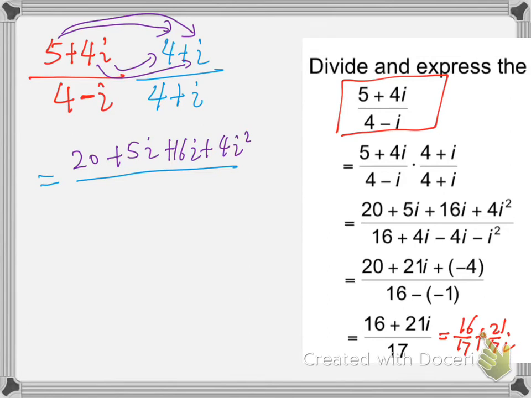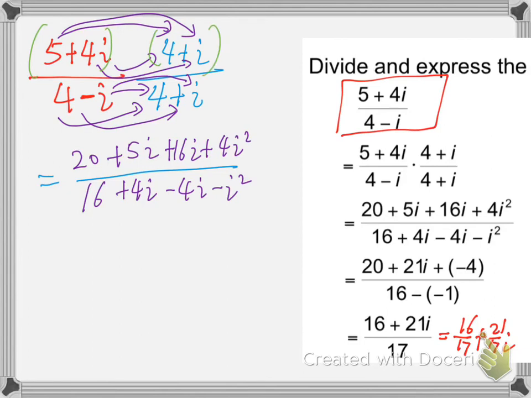That's the top. For the bottom, we do the same thing. 4 times 4, 16. Plus 4i. And then the inner product, minus 4i. And the last one is minus i squared. Remember, they're all complex numbers, and this is multiplication between complex numbers.